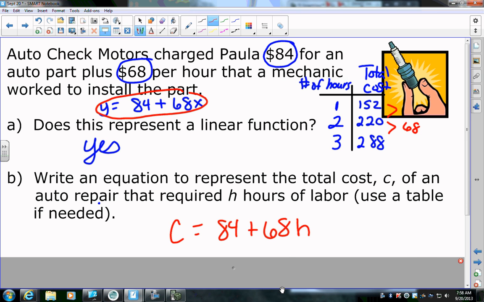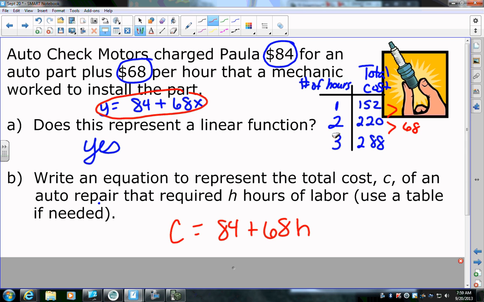Now, the question was, is it continuous or discrete? On the number of hours, I'm having to pay for each hour, right? But when you get an auto bill, can they bill you for 1.5 hours? Yeah, they can, right?